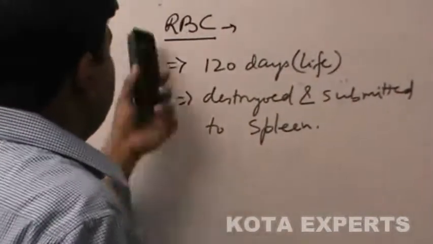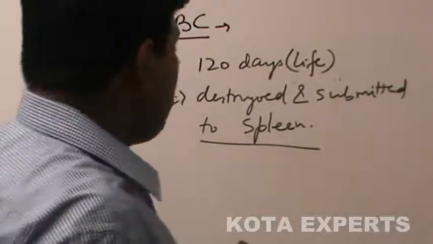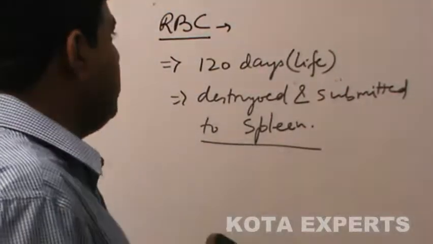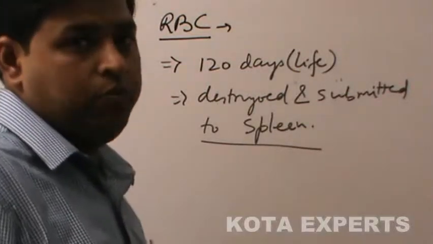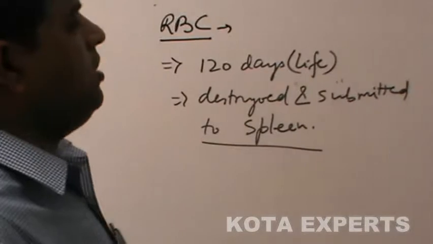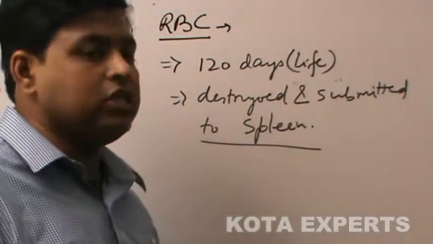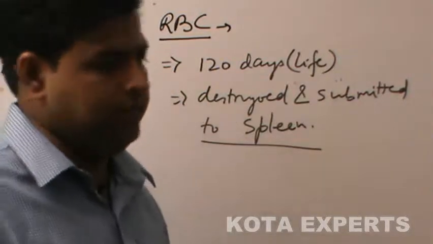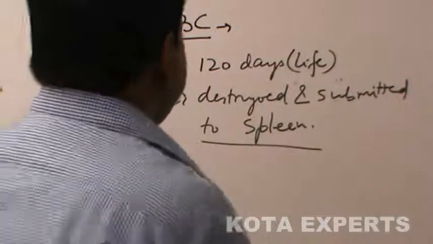So, in the case of abnormal increase in RBC destruction, there will be swelling of the spleen, as in the case of malaria. So that is known as spleen index. So spleen index is seen in the case of malaria.